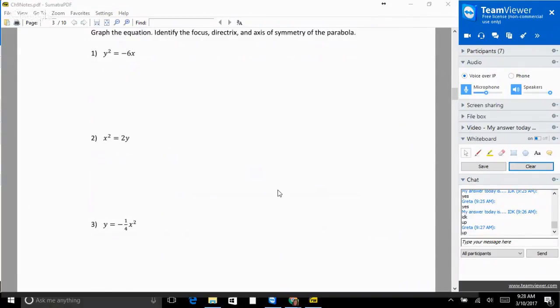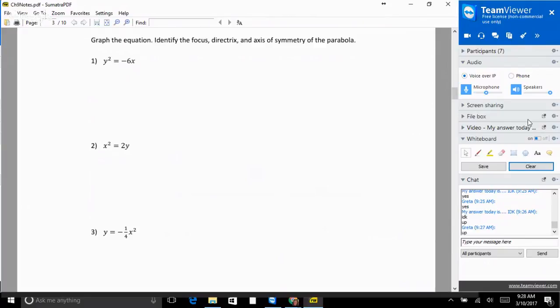So this looks like the equation x squared equals 4py. Yep, that's right, Greta. So the first thing I want to do is graph the equation, which we can do in Desmos. We'll kind of skip back to that. I want to identify the focus, the directrix, and the axis of symmetry of the parabola.